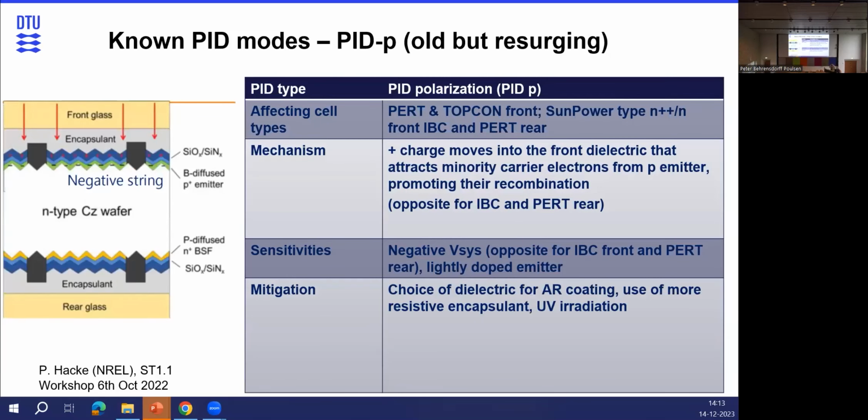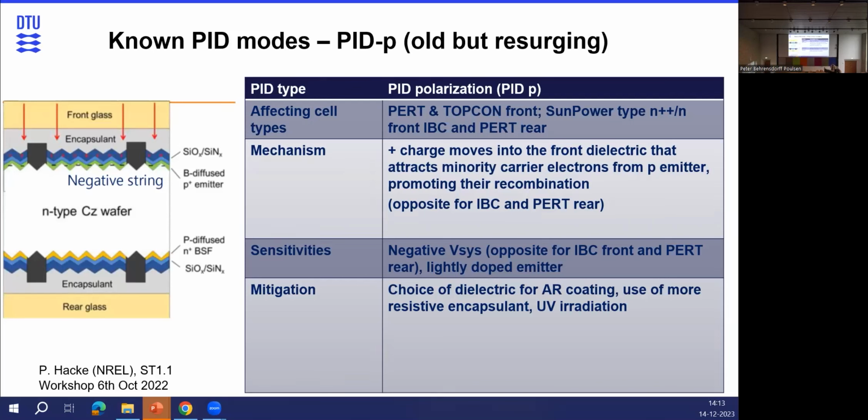Now, the newest technology that is being commercialized is N-type solar cells, TOPCon, and it looks like these are also sensitive to PID. Some of the details change. Instead of the rear side, the front side of N-type modules and TOPCon is degrading faster.